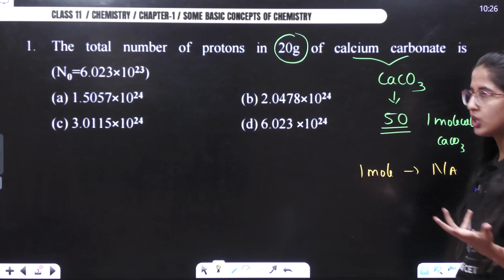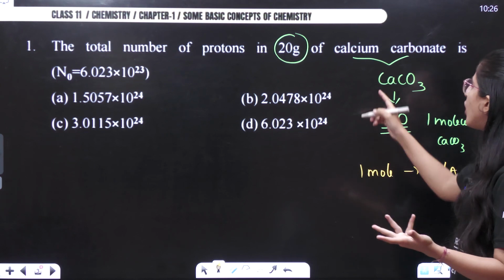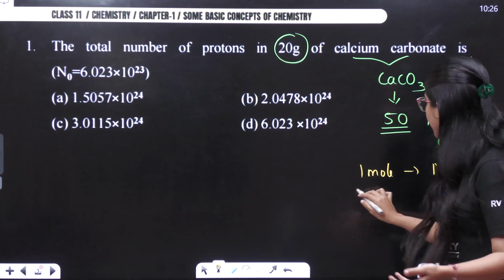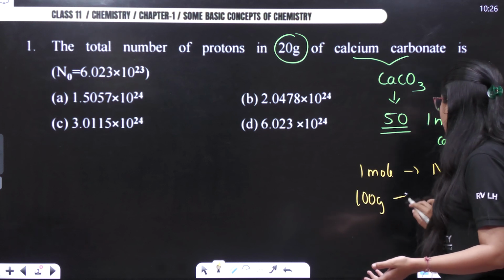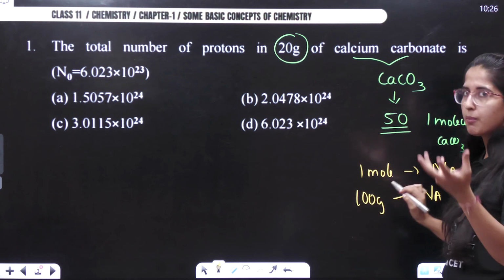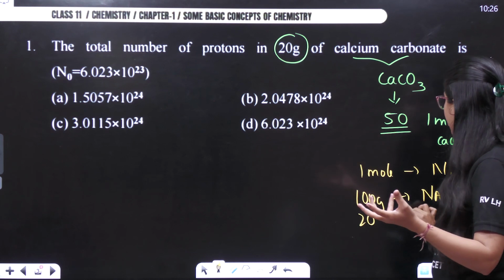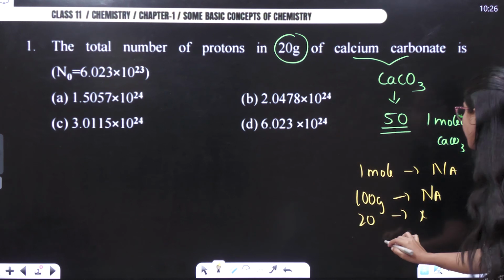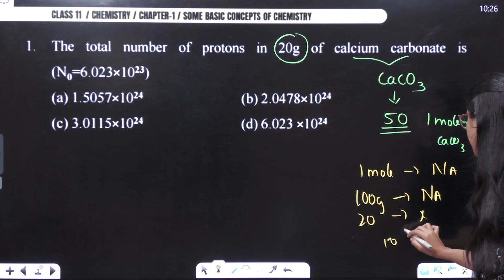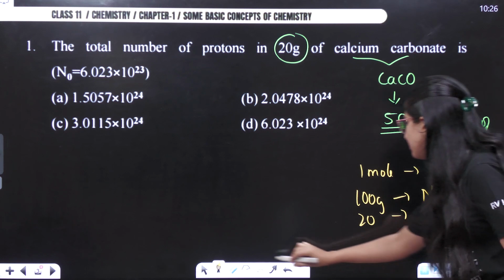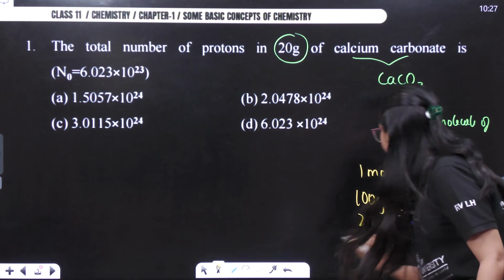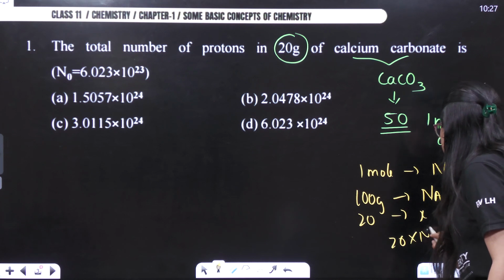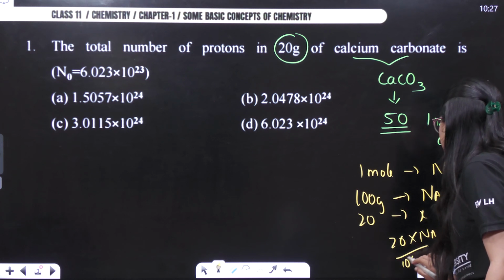Avogadro's number of molecules, correct? Now 1 mole of calcium carbonate is nothing but 100 grams. So 100 grams corresponds to Avogadro's number of molecules, then 20 grams will correspond to X. So it will be 20 into Avogadro's number divided by 100, correct?